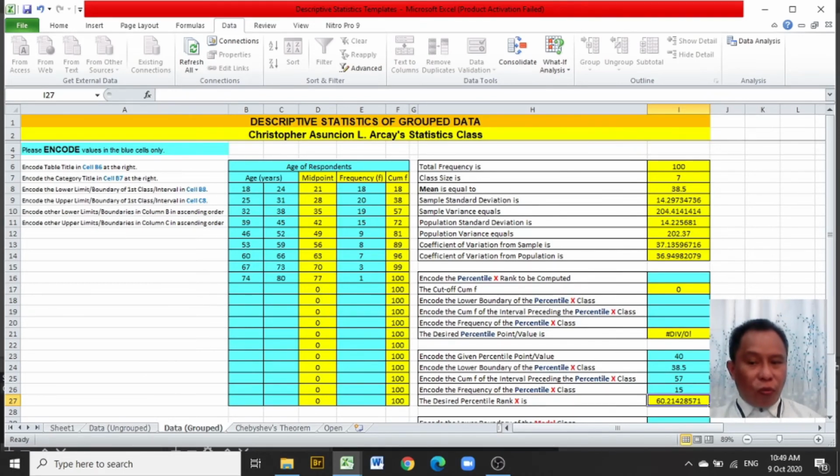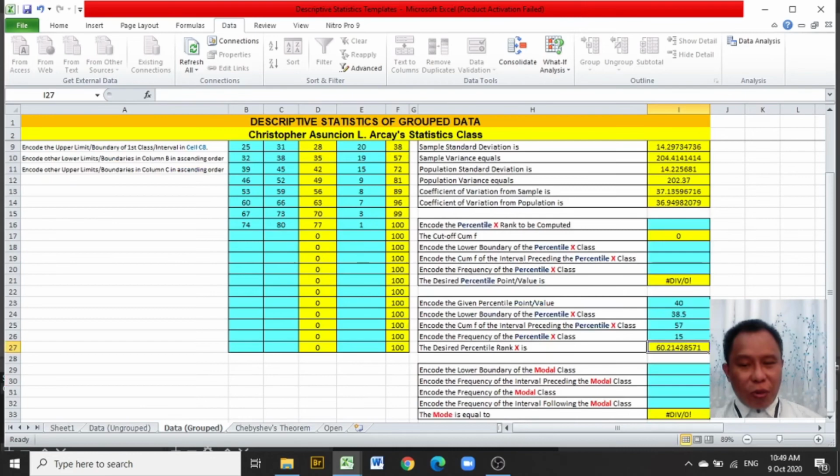It means that 40 has a percentile rank of 60, or 40 is the value or age that surpasses 60% of the ages. So that is the interpretation of percentile rank and its percentile value.